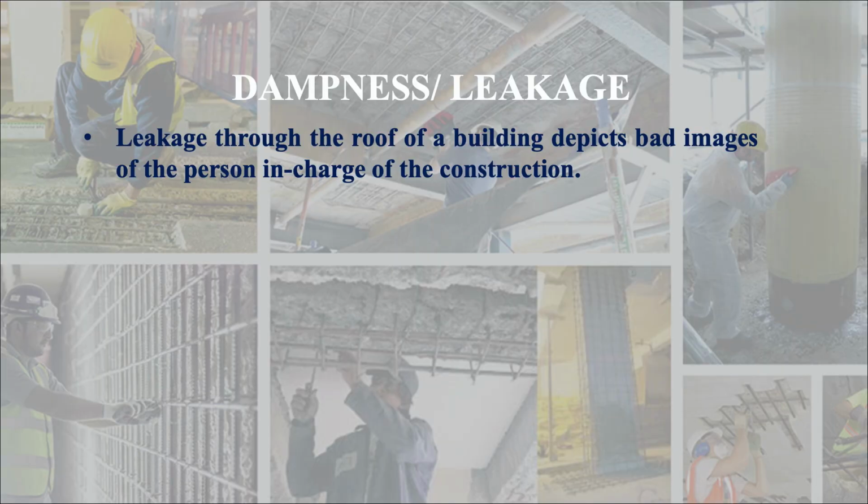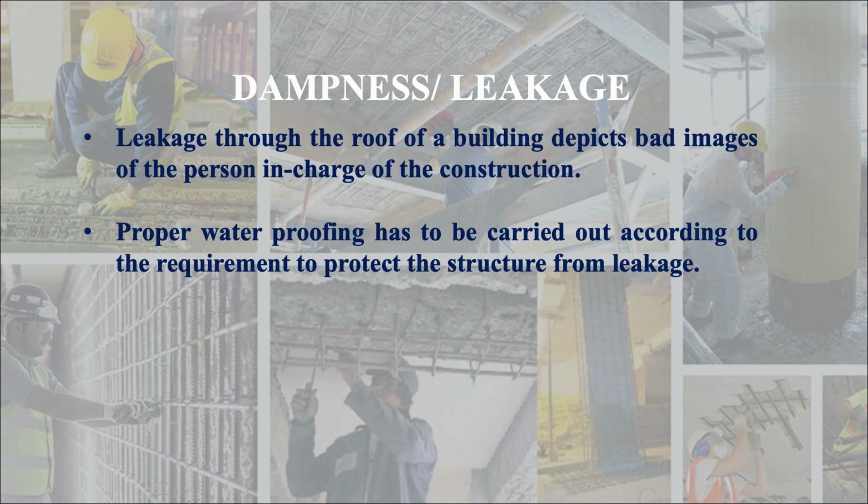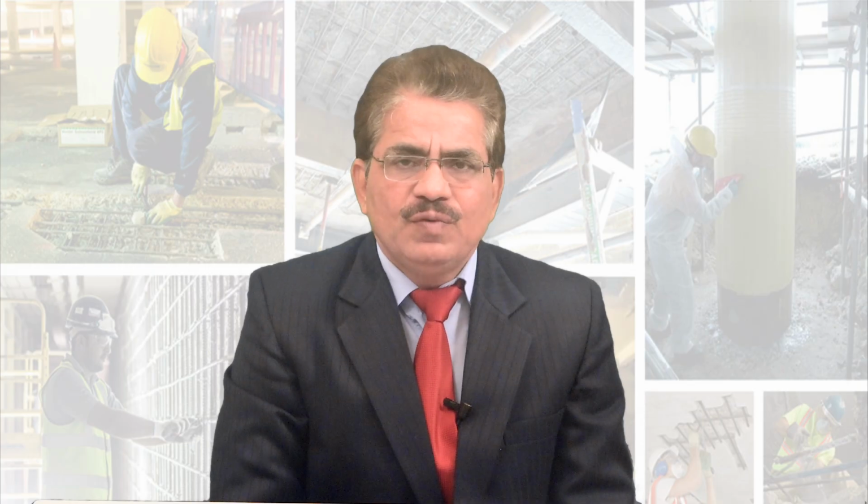Leakage through the roof of a building depicts bad image of the person in charge of the construction. If there is a leakage from the roof of a building, means this is really a poor construction. Proper waterproofing has to be carried out according to the requirements to protect the structure from leakage. So what is the remedy? That is waterproofing.